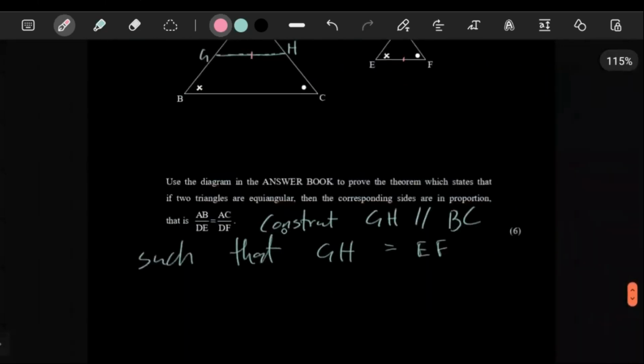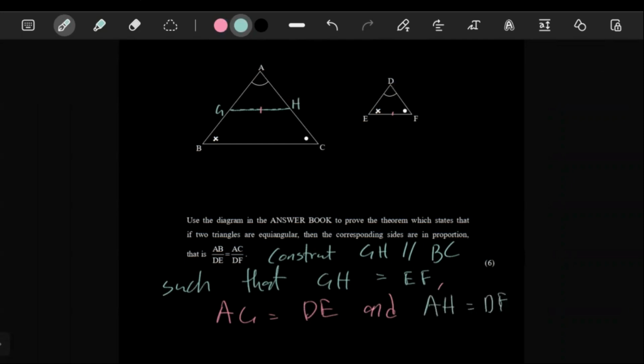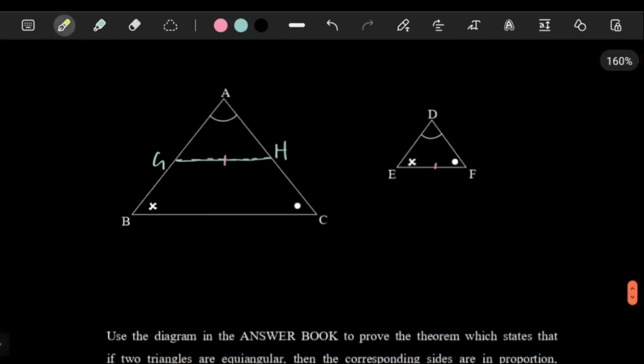So construct GH parallel to BC such that GH is equal to EF and AG equal to DE, and lastly AH equal to DF. That's literally what your construction is. So your construction is in such a way that you're almost like taking this picture, you're dropping it in there.